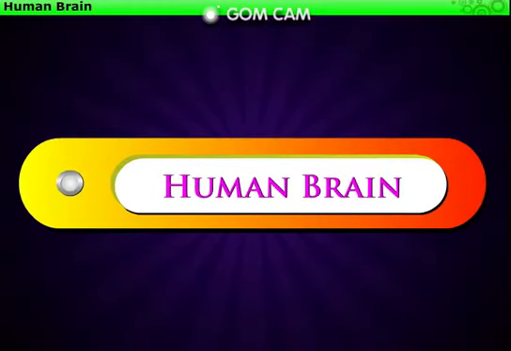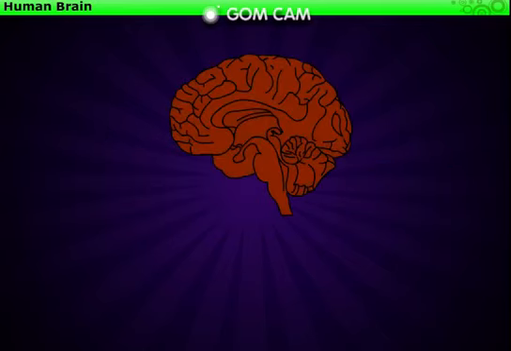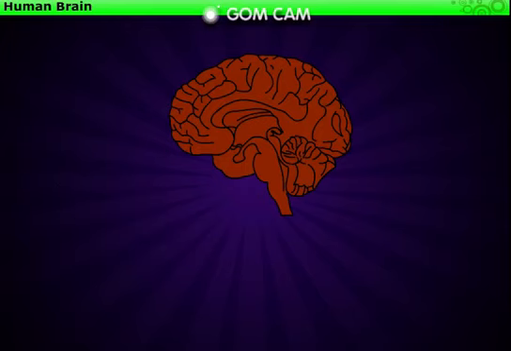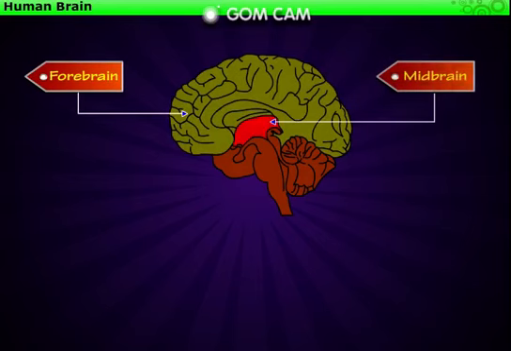Let us study the human brain. The brain is the main coordinating center in the human body. It is located inside the skull. It is broadly divided into 3 major parts, namely forebrain, midbrain, and hindbrain.